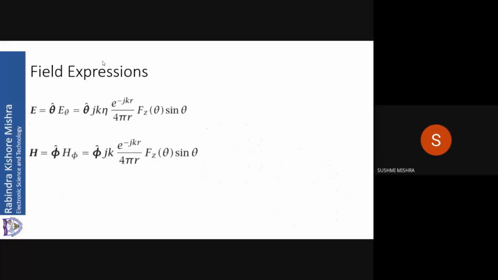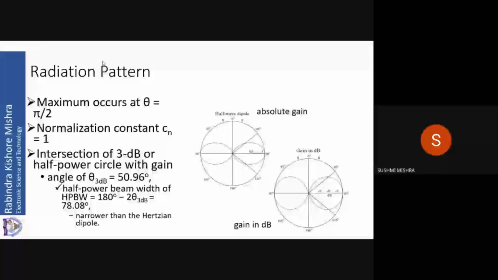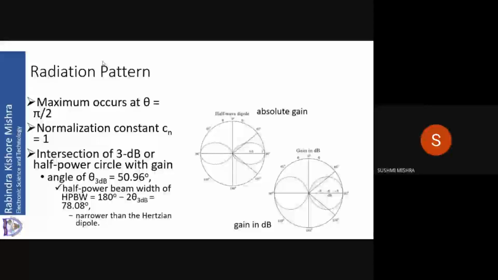So now if we look at the E field pattern, then we can see that when theta is equal to pi by 2, there will be a maxima, right? So maxima occurs for pi by 2. Again, look at the normalization constant Cn.